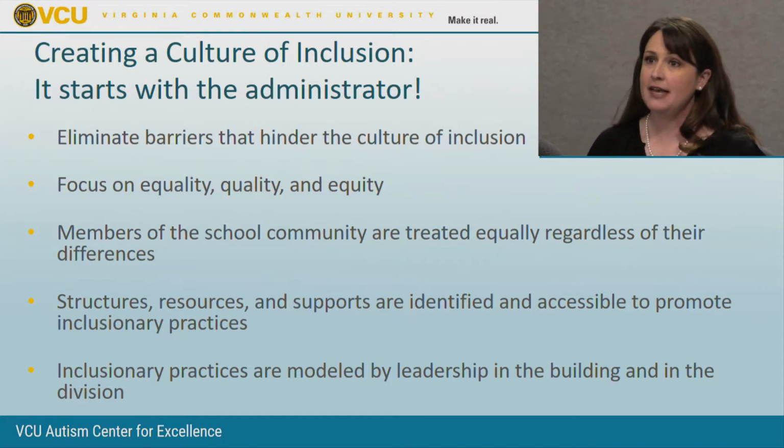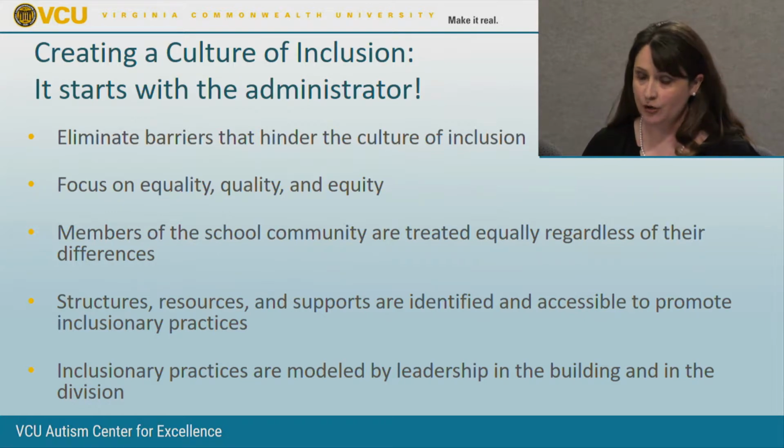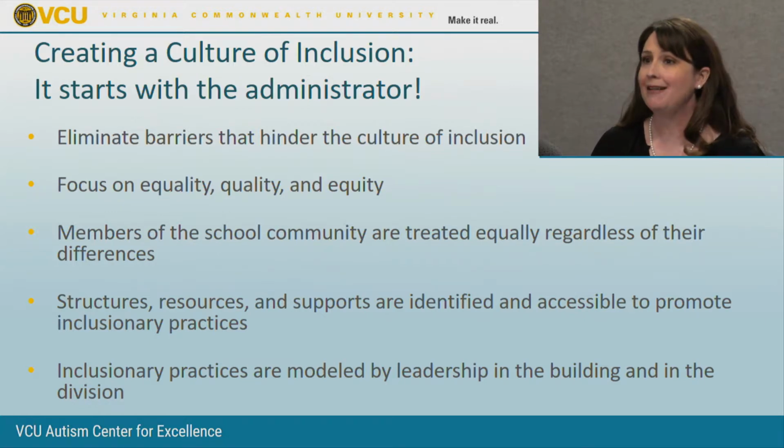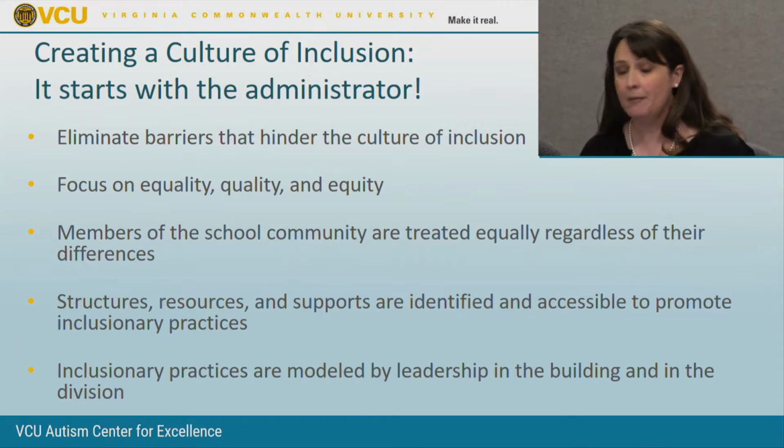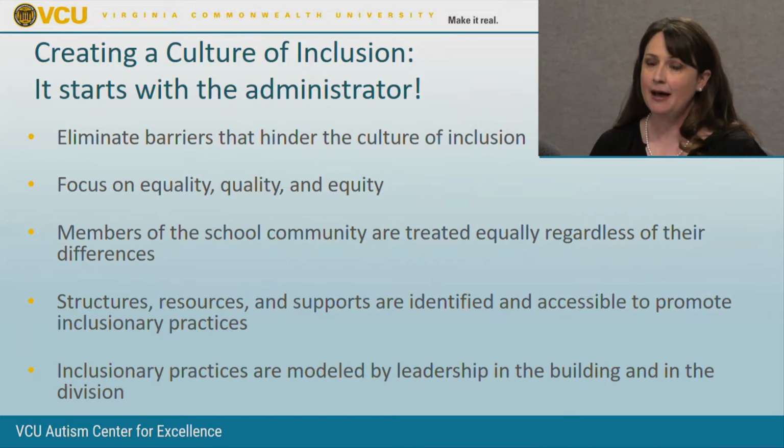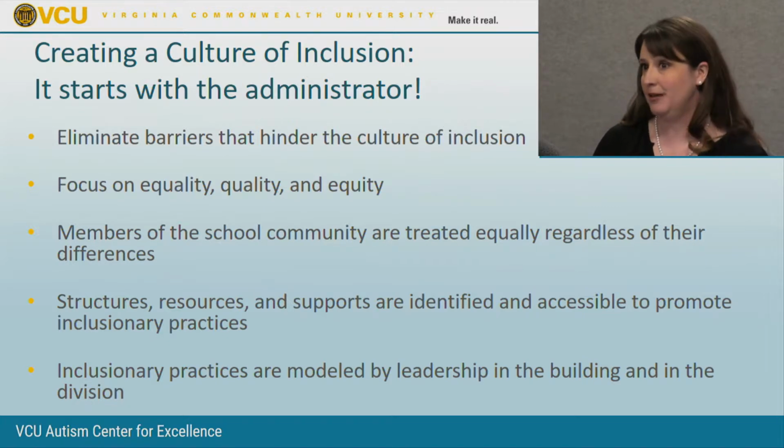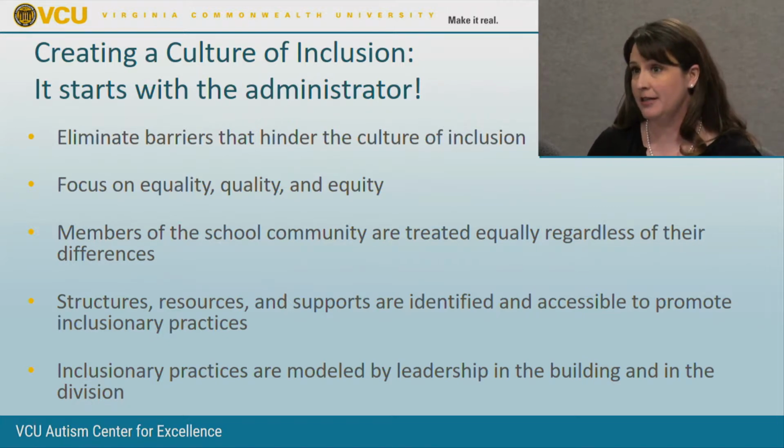So one of the things that some school divisions have started looking at are their policies and procedures, whether they are formal or informal, that determine the placement of students with disabilities. So we're looking at this as making sure that the disability does not drive the placement.